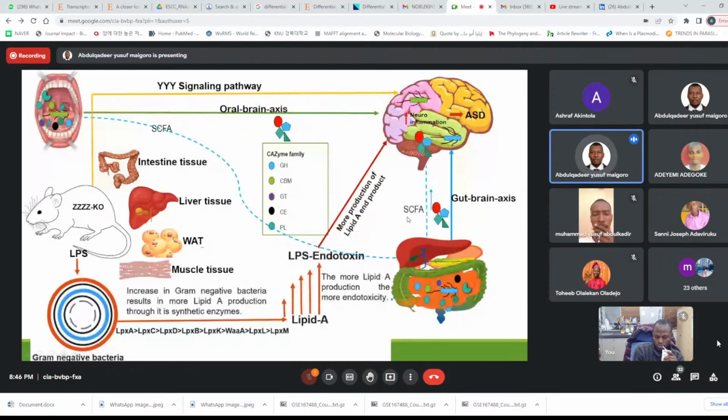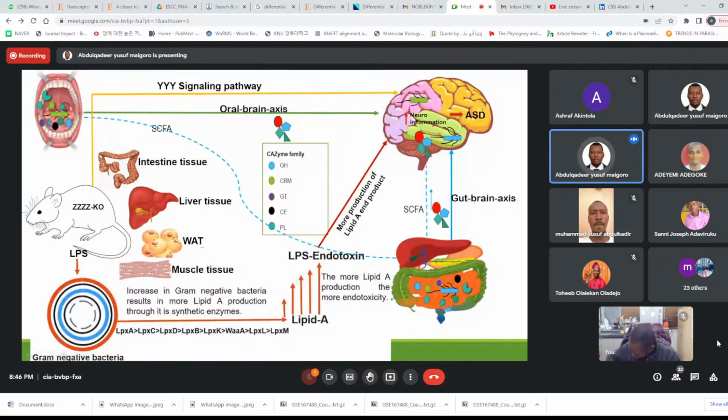And the more they degrade those carbohydrates, the more they produce what we call short chain fatty acids, which also travel through the vagal nerve from the gut to the brain, and also cause neuronal inflammation. So there are many examples. Even beyond the gut microbiome, you can also talk about the oral microbiome. They also have the ability to produce those short chain fatty acids that travel from the oral cavity to the gut and then from the gut to the brain.